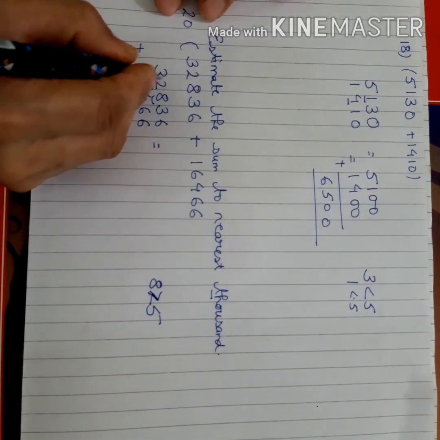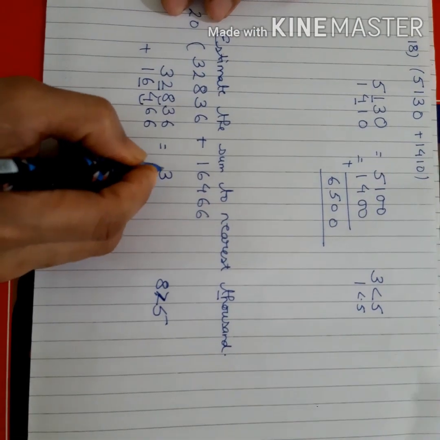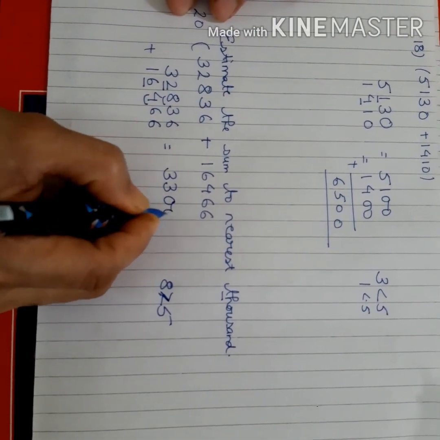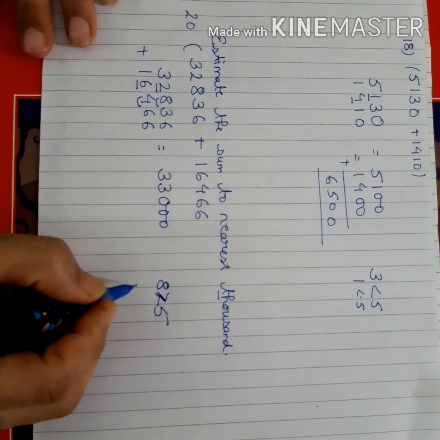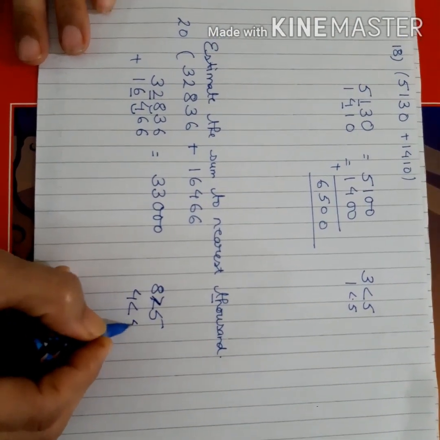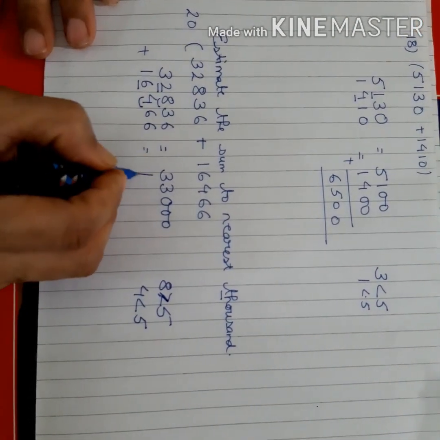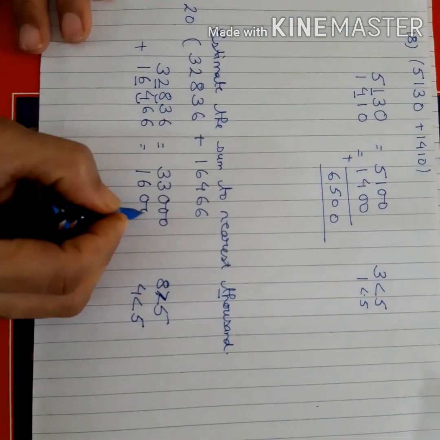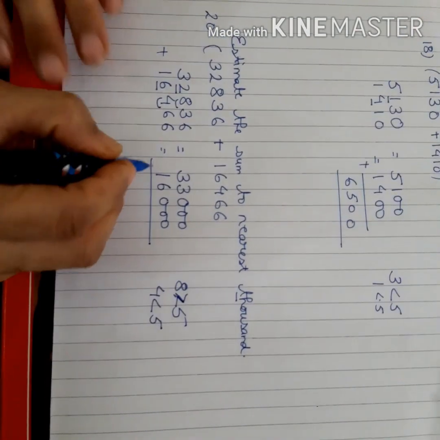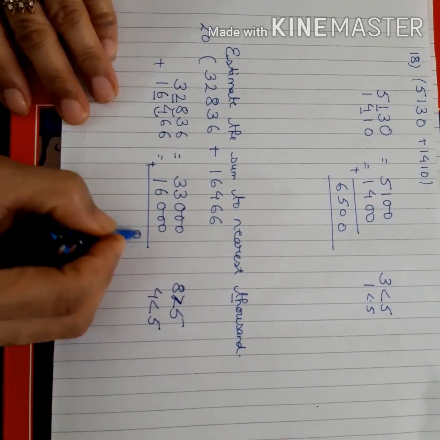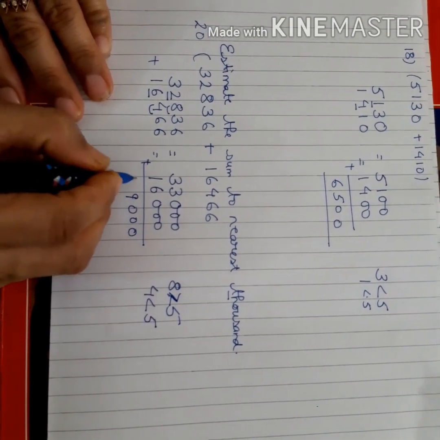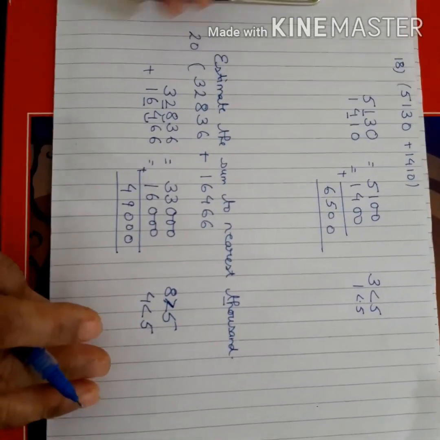So this number will increase by 1. It will become 3. It will become 33,000. And 4 is less than 5. So this 6 will remain the same and it will be rounded off and become 16,000. Now we can add these. And our answer is 49,000.